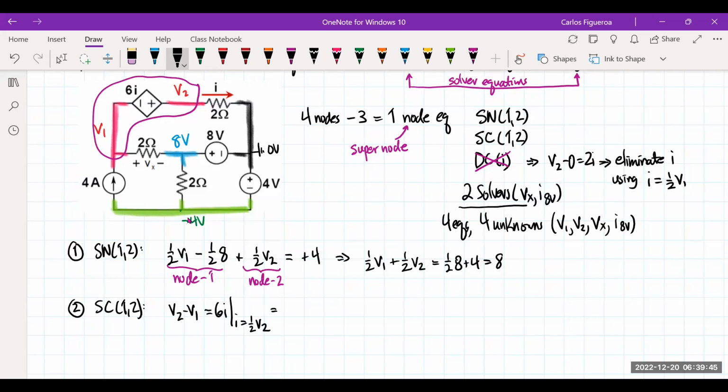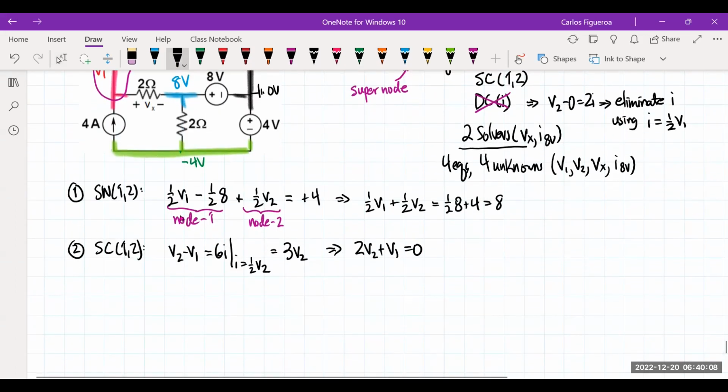So this really reads 3 V2. Now if I rewrite this, I'm going to take everything to the right. You see that one of the V2s is going to subtract, and this gives me 0. So that's my supercondition right there.